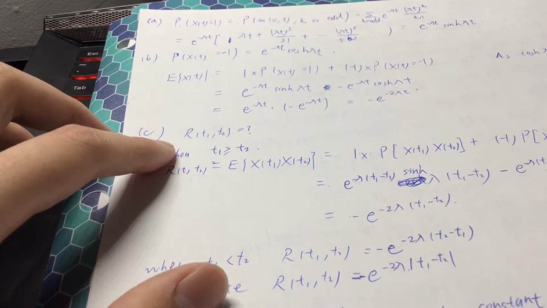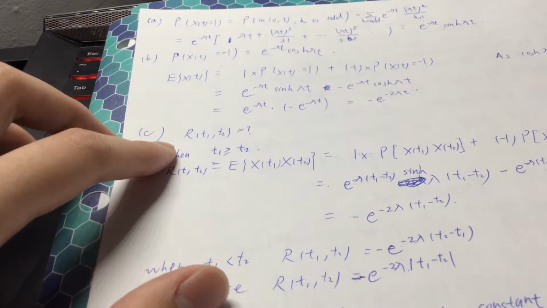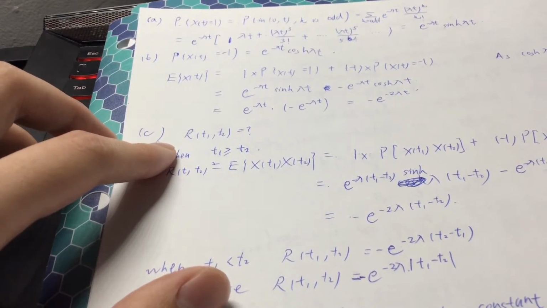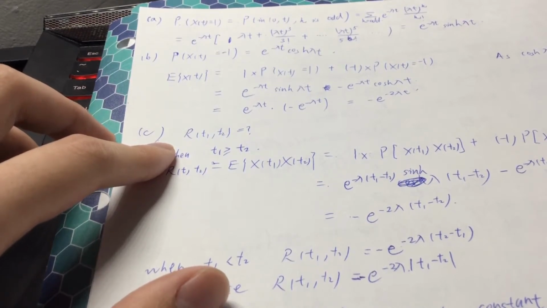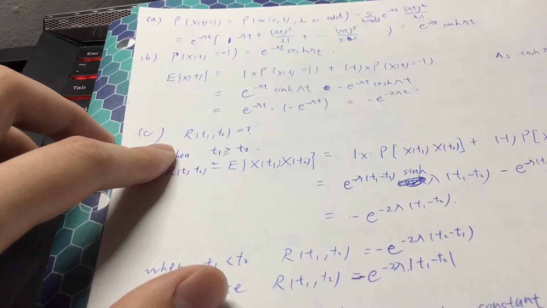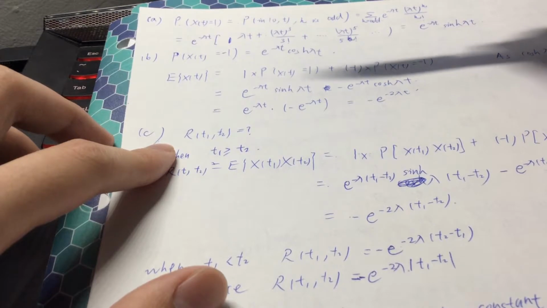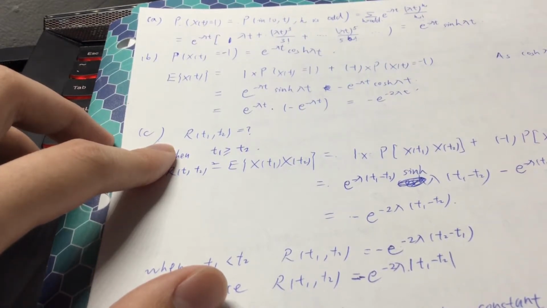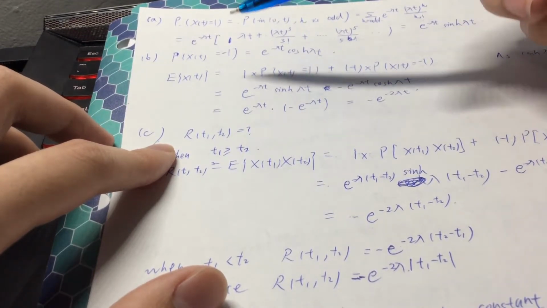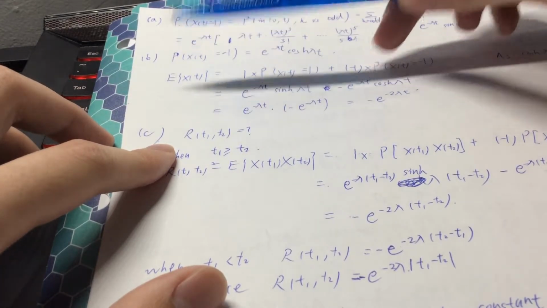And then we go on to the second part. In the second part, it requires us to find the expected value of X(t). Firstly, when X(t) equals 1, the probability is listed as in the first part, and we need to derive the probability when X(t) equals -1.